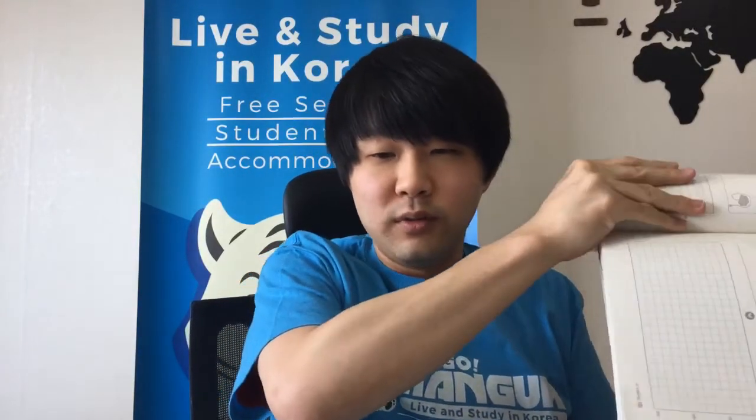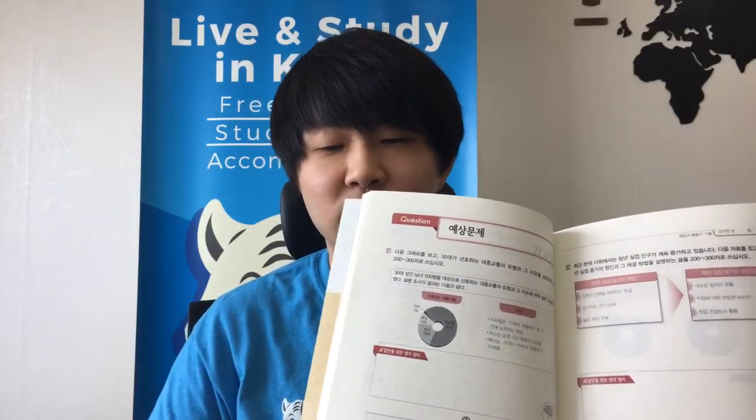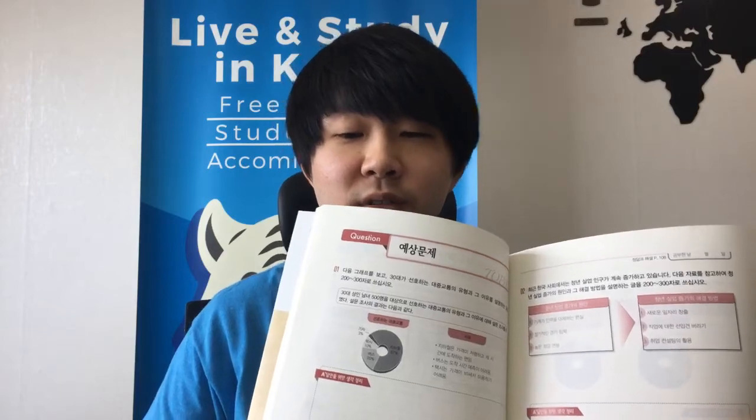Also, for the TOPIK 2, there's a short writing section, and there's only a set number or set style of questions that the test ever uses. So there's 6 different styles for that. So they give you details about exactly how to answer those questions and samples for that.